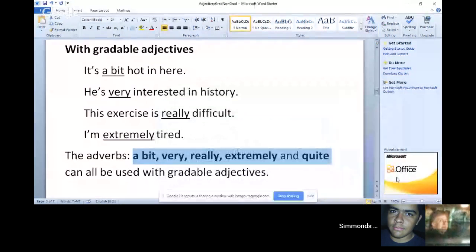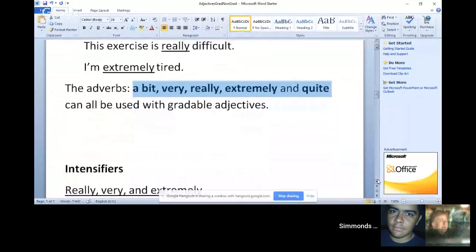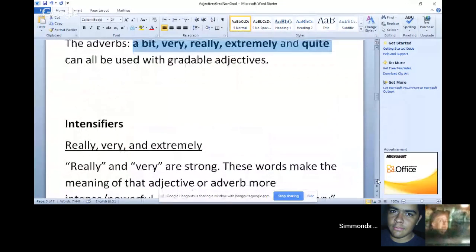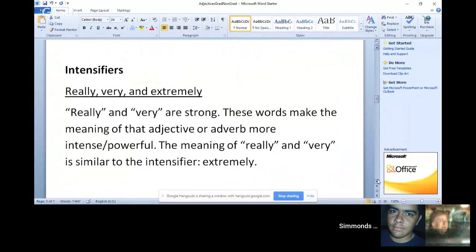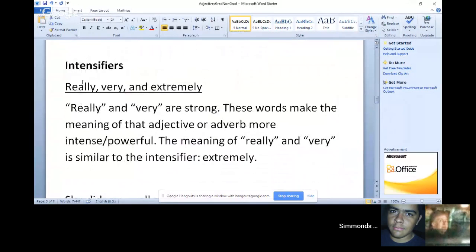I have this explanation here, so let's go through these. It's a really good question. These are different intensifiers, okay? What we're going to do is compare really, very, and extremely in this case. I just deleted that comma here because we don't use a comma before a connector.